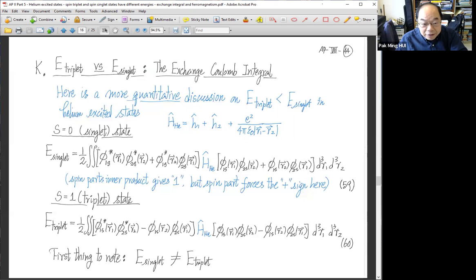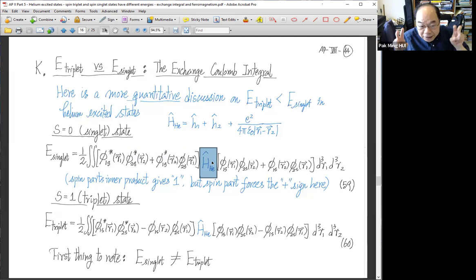Formally, the 2 electron wave function has a spin part here and has a spin part there. But because the Hamiltonian does not have any spin part, the spin part in the product will give us 1 because we already normalized it. We have this 1 over square root 2.